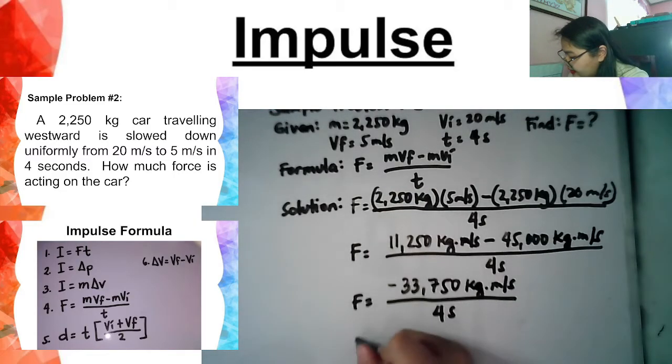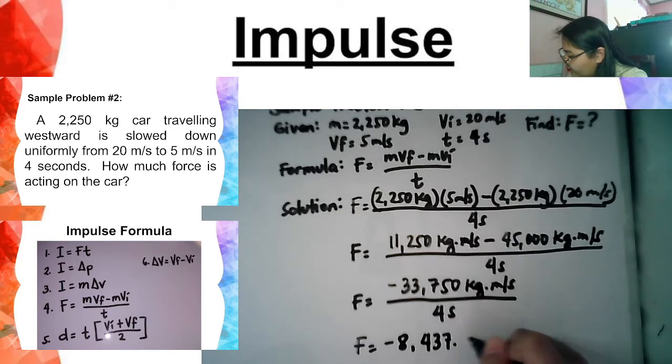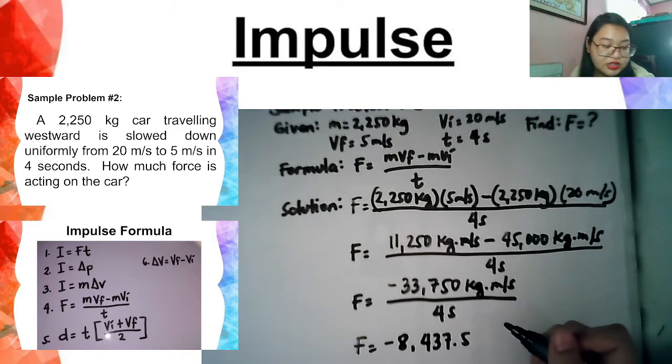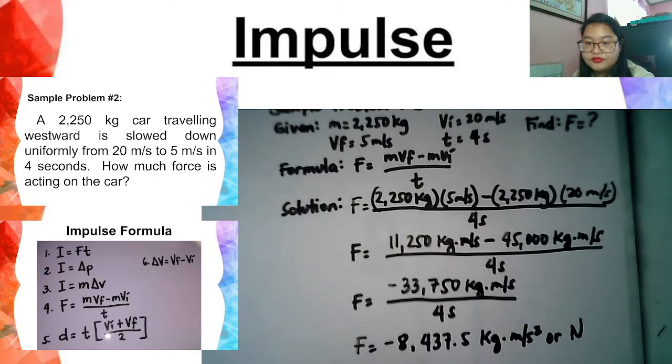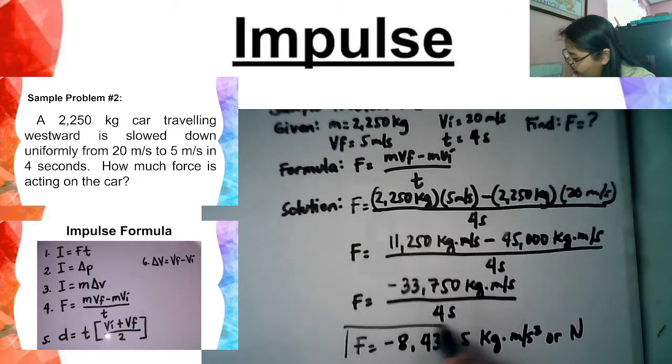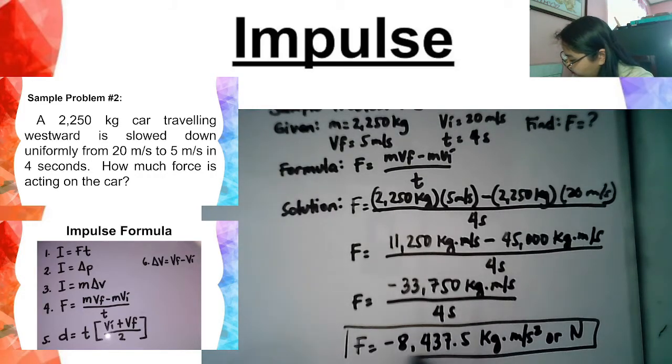You will get the final answer, negative 8,437.5. The unit now will be kilogram meter per second squared, or simply Newton. Okay, so this is now our final answer.